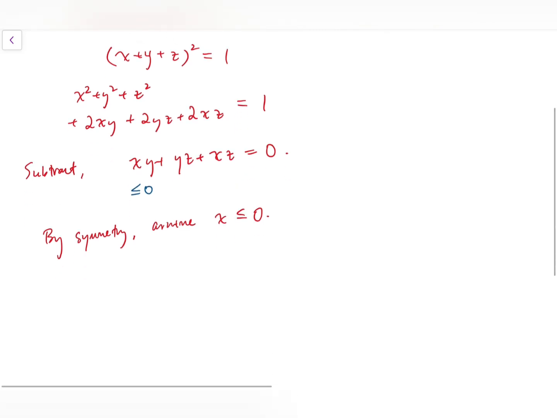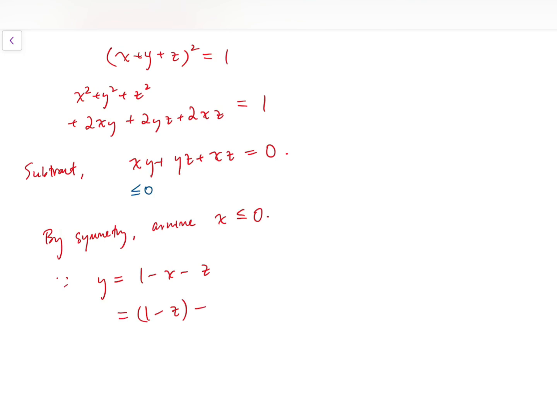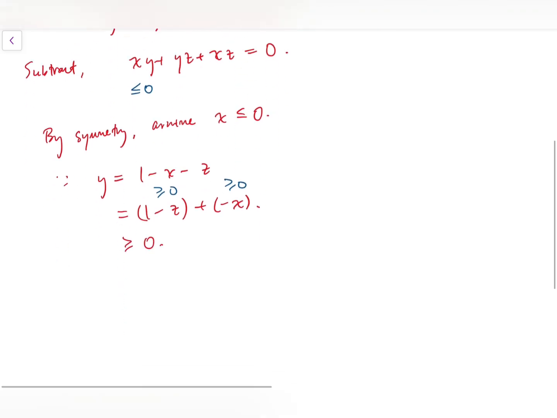Then from this, I can say that y equals 1 minus x minus z, and I'm going to split them in this way, so that 1 minus z must be non-negative because z is at most 1, and because x is non-positive, minus x is non-negative, and so I can say that y is a non-negative number.